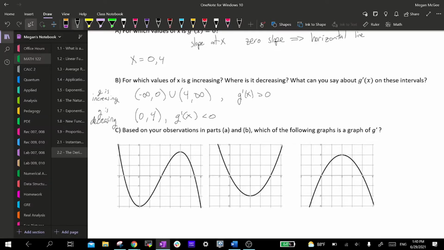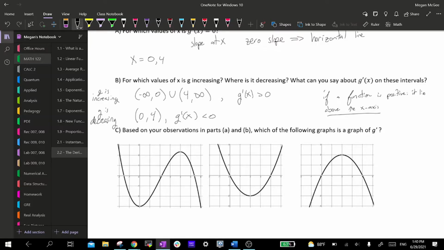If a function is positive, it lies above the x-axis. Do we remember this? And then likewise, if a function is negative, it should lie below the x-axis.